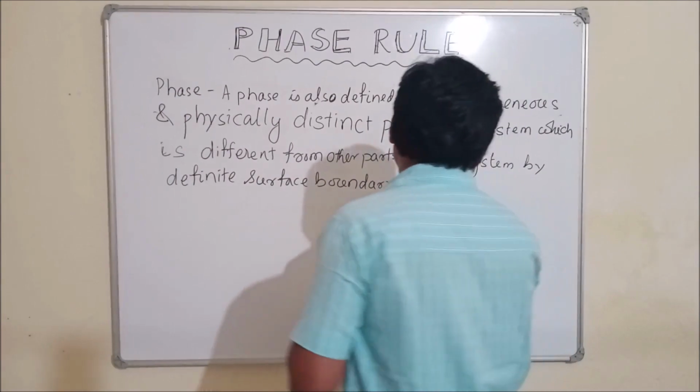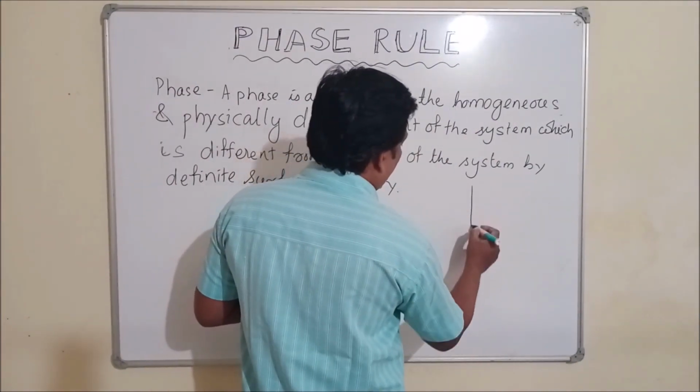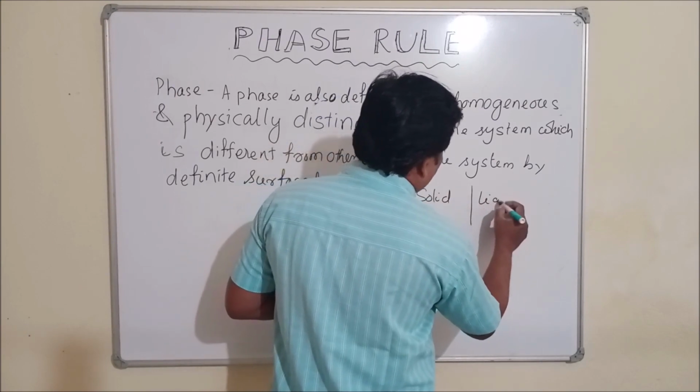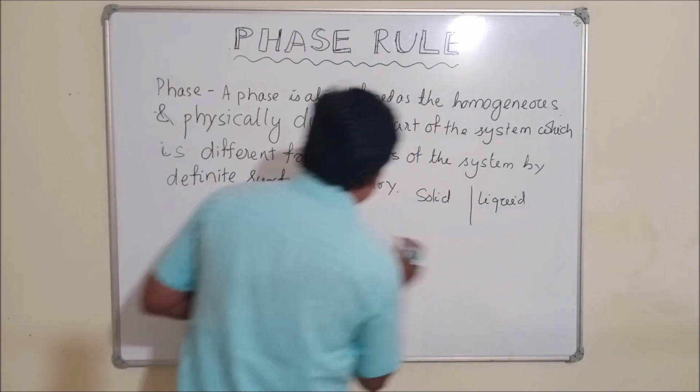So यहाँ पे अगर हम लोग एक example ले लेते हैं, यहाँ पे solid लिख दिया, यहाँ पे liquid लिख दिया. So we know the phases.